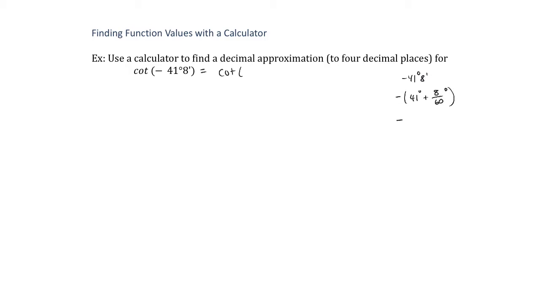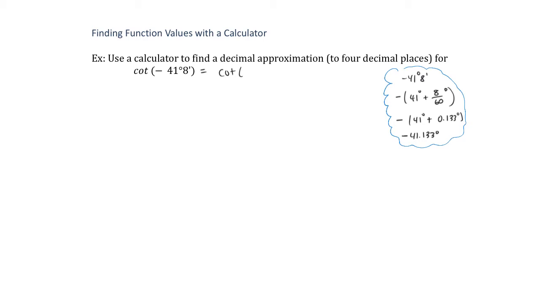Let me just double check it. Yeah, okay, so it would be 41 degrees and 0.133 degrees. So the whole thing is negative 41.133 degrees. Just be careful that both the minutes and the degrees are together, and then combine those and then make the whole angle negative.